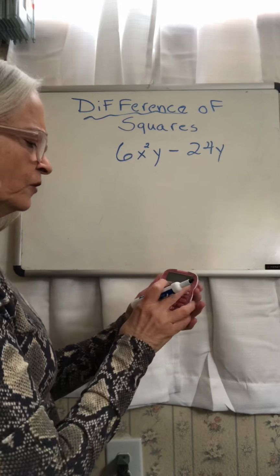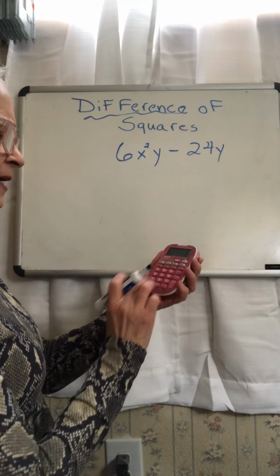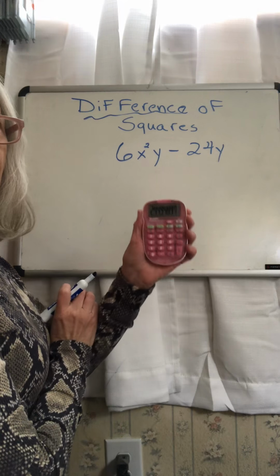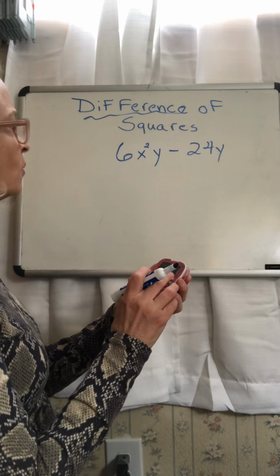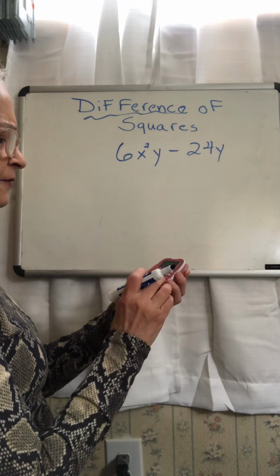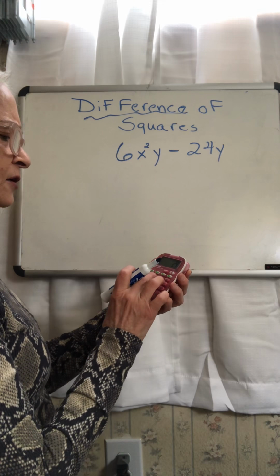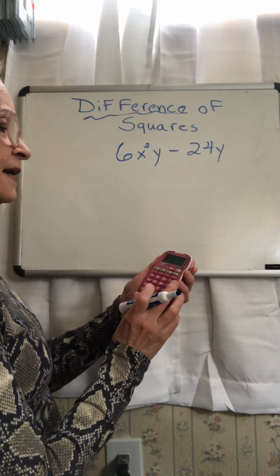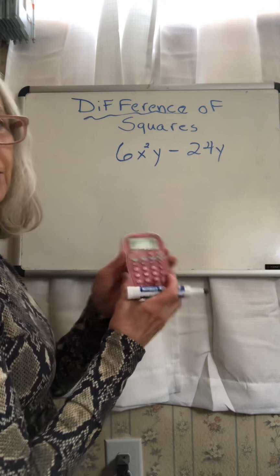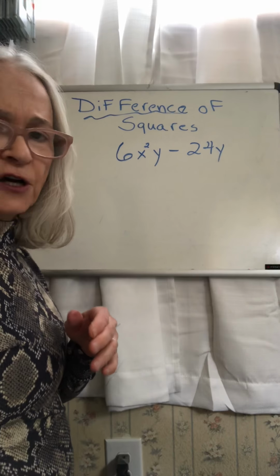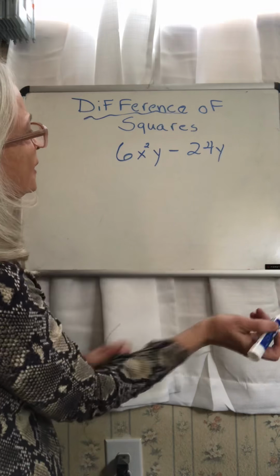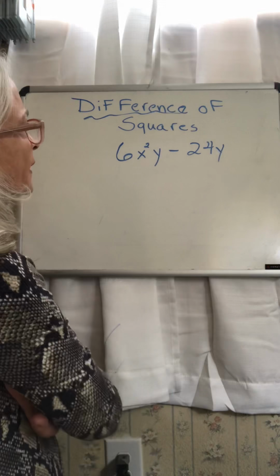Because again, if we were to push 6 and the radical sign, you're going to get a repeating number. Or if you push 24 and the radical sign, you also get 4.8989794. So it goes on and on too. So these aren't perfect squares. X squared is a perfect square.